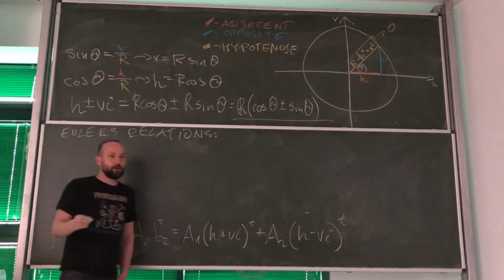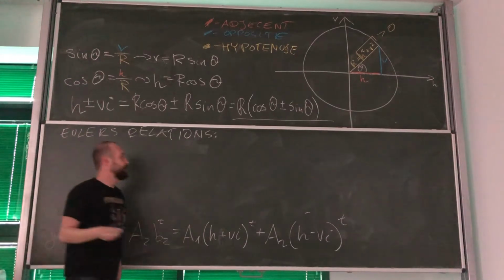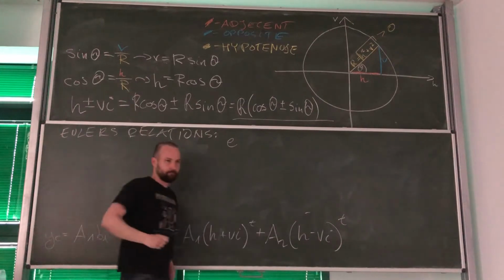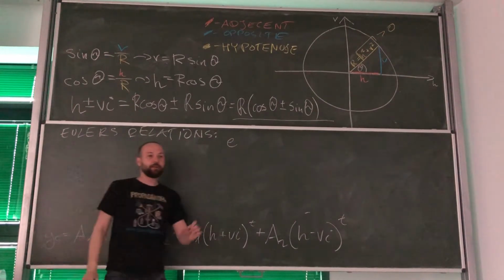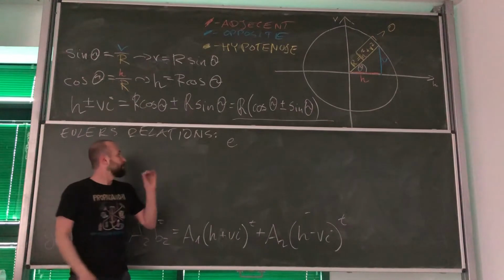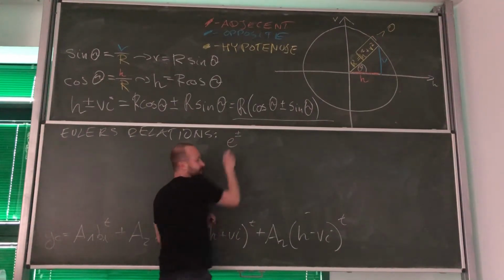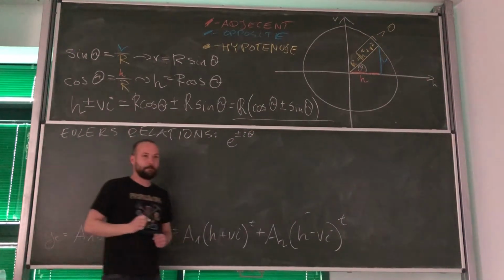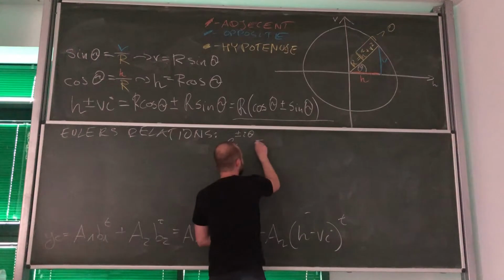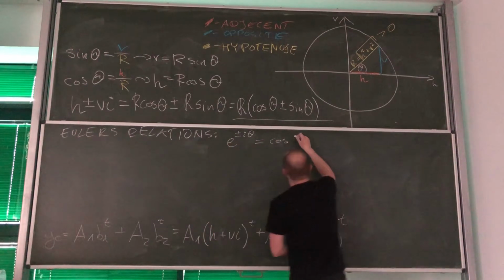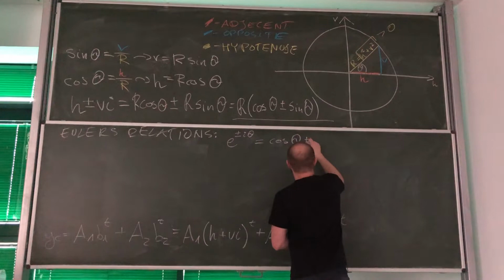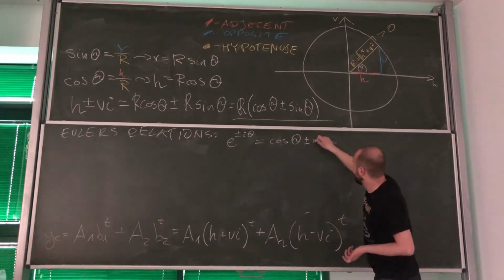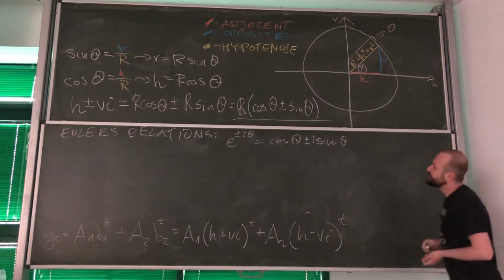Okay, so what were those Euler relations? Well, we demonstrated that if you take the number e and raise it to the power of plus or minus i theta, we get cosine theta plus minus i sine theta, right?